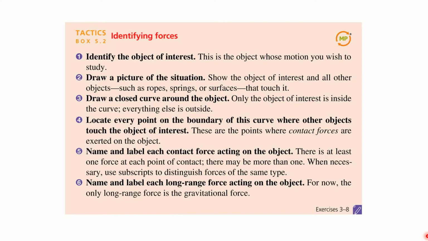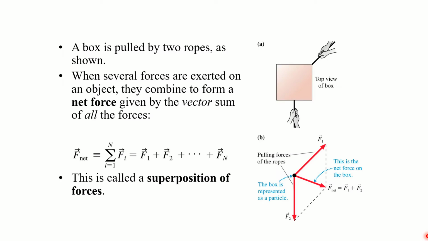So the last thing we're going to cover today, which has been sort of a quick introduction, so we will revisit this and go through a lot of examples in our synchronous sessions, is how to identify forces. Remember, the key approach to describing forces on an object and analyzing those situations is going to be adding together all the individual forces.